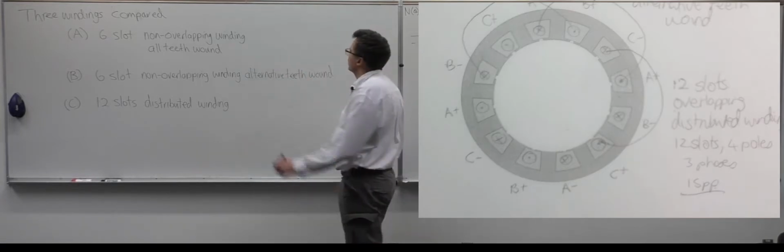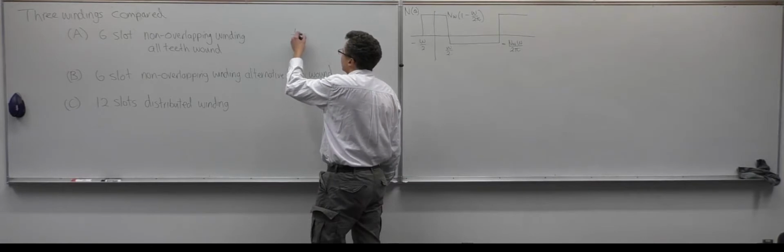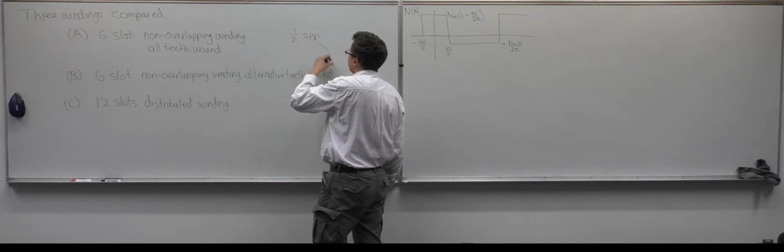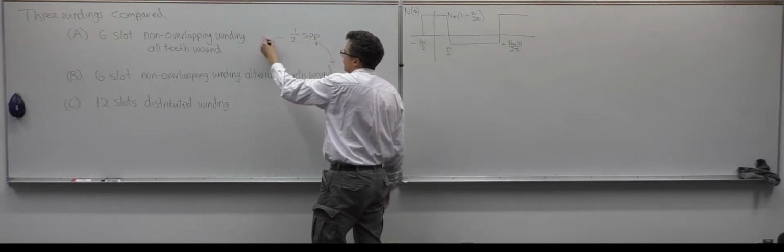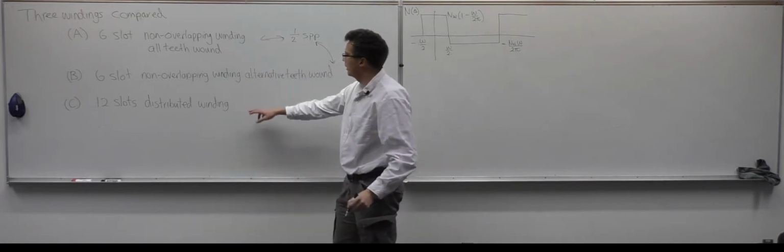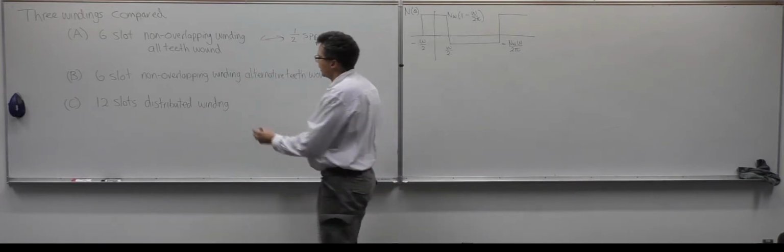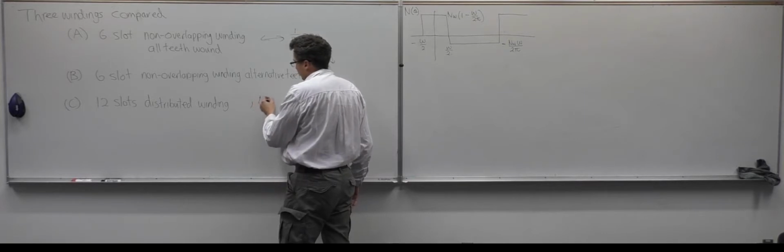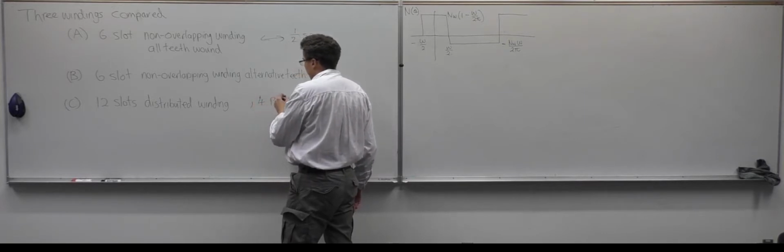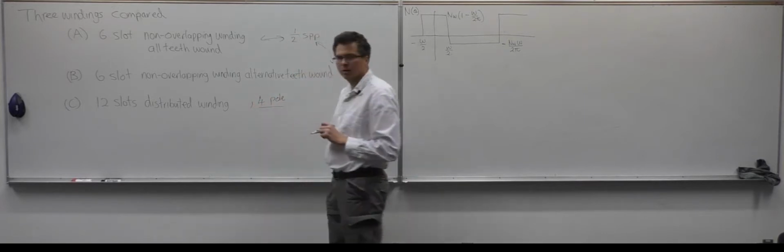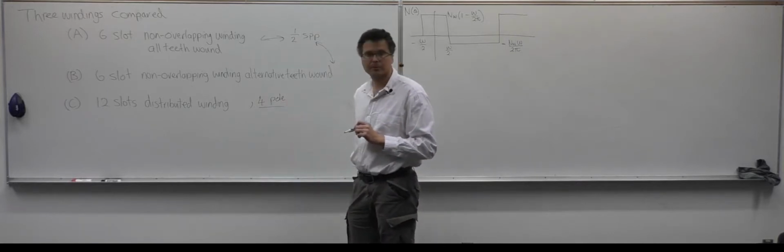These two had half a slot per pole per face. This one had 1 slot per pole per face because we were trying to design the winding for creating 4 poles.